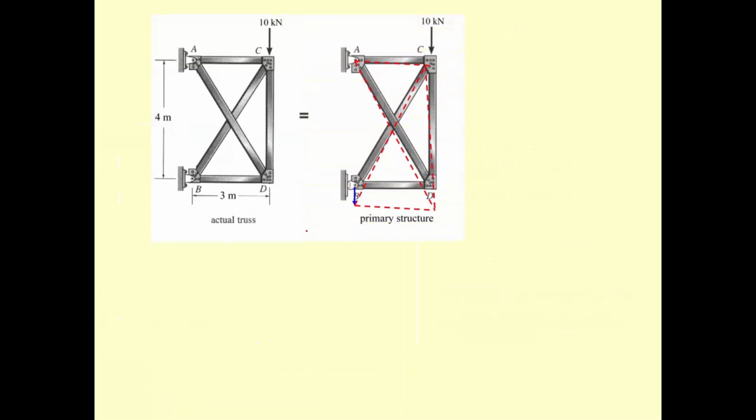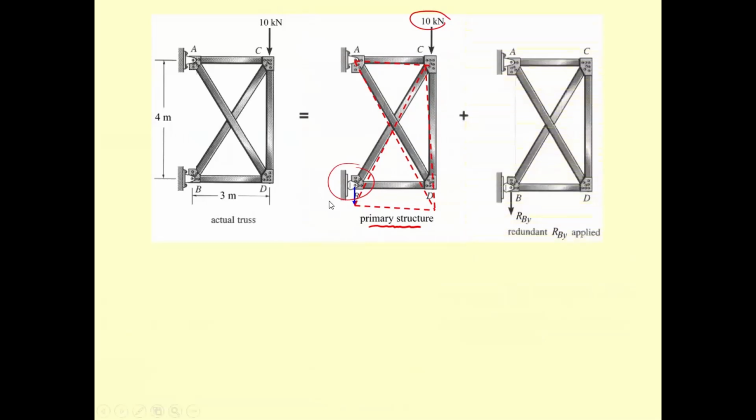The first task, called the primary task, is subjected to the external force with the roller over here. Another task has the same roller but is subjected to the redundant force. So the task on the left is equal to the task in the middle plus the task on the right-hand side.